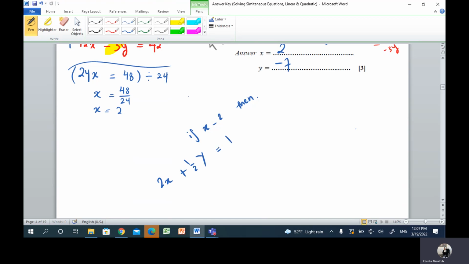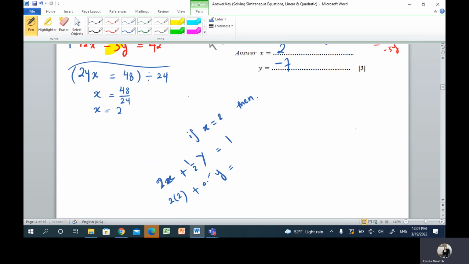Let's substitute the value of x. So 2 times 2, plus half of y, I can write it as 0.5y, is equal to 1.